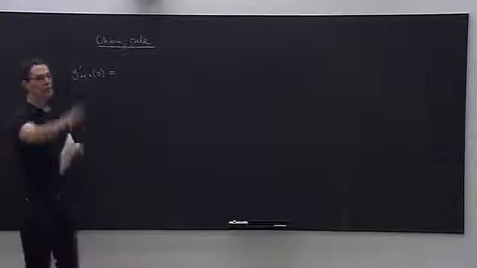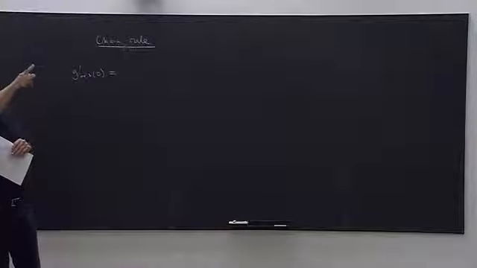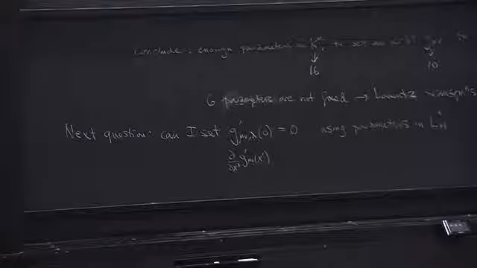G prime mu nu lambda at 0 is equal to, so what I'm going to do is imagine sticking the expansion for G, equation 1, into formula 3.